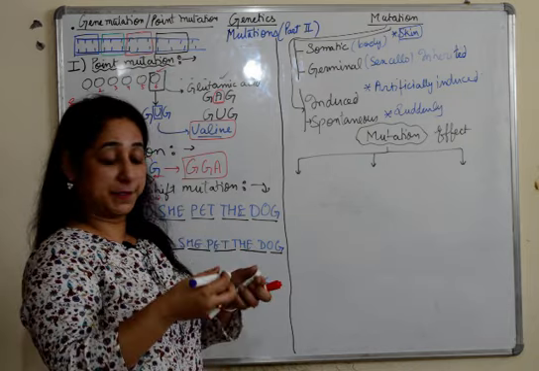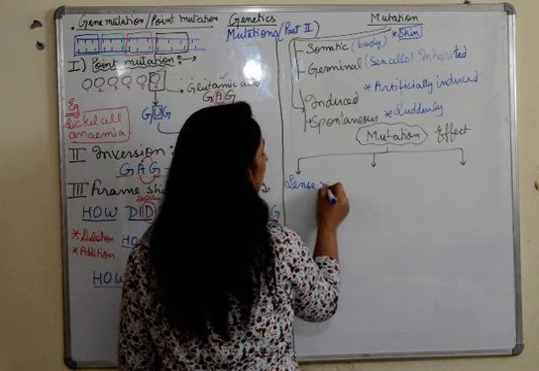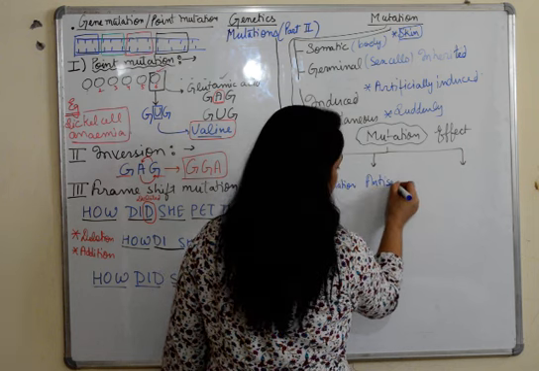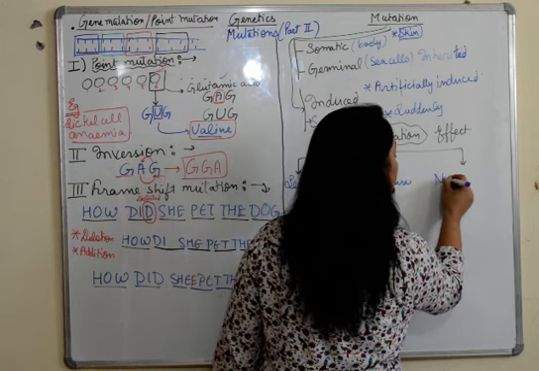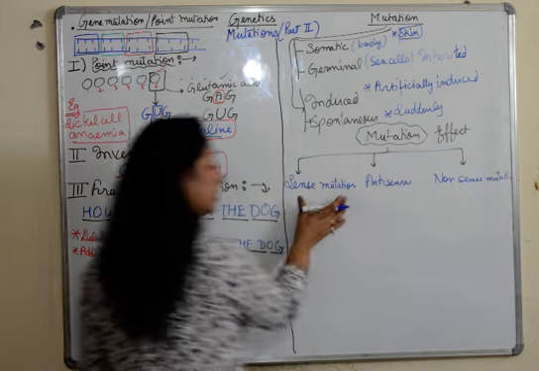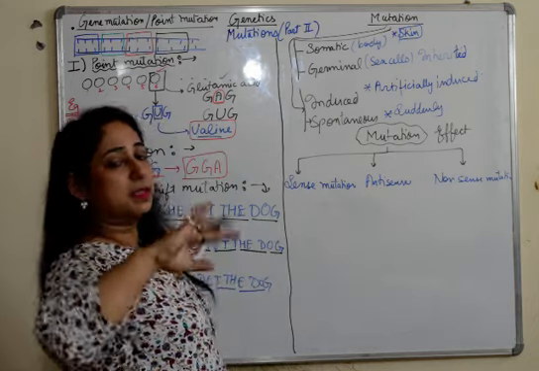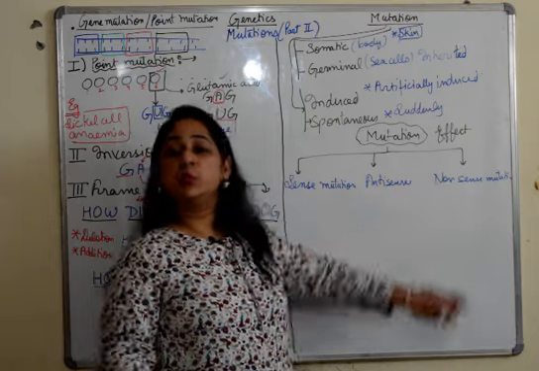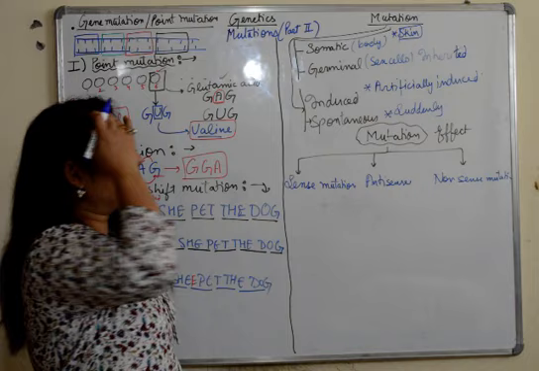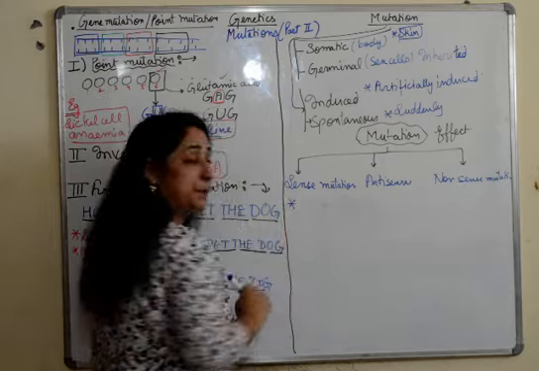What are they? First, sense mutation, anti-sense mutation, and non-sense mutation. Mutations which make some sense, mutations which make sense but something different, mutations which do not make any sense. So sense mutation, if we talk about the same example which we are following from the start, that is glutamic acid.